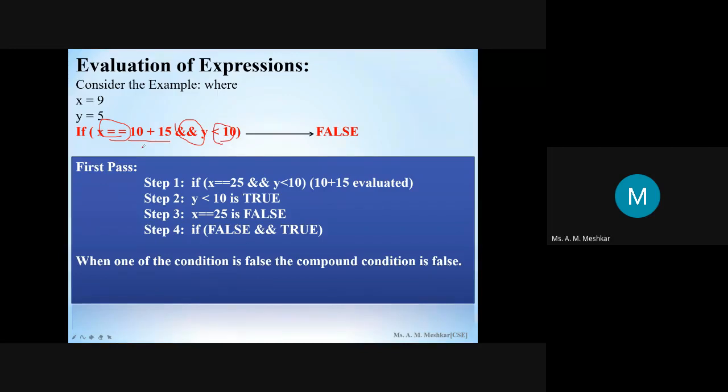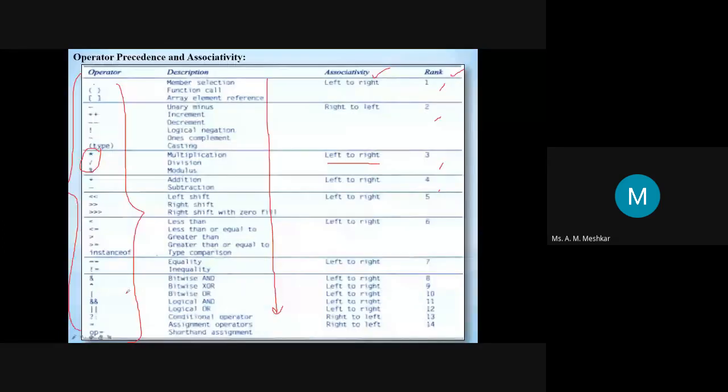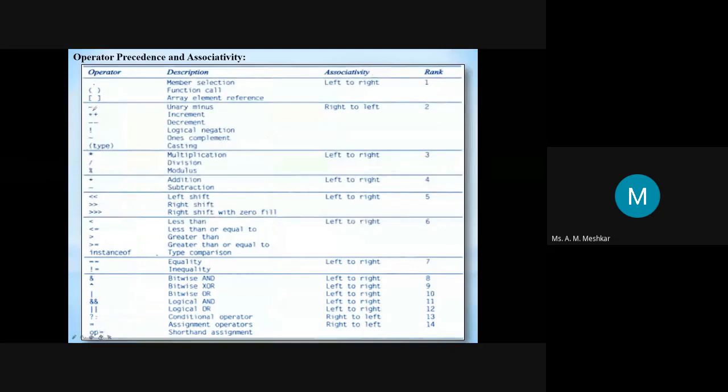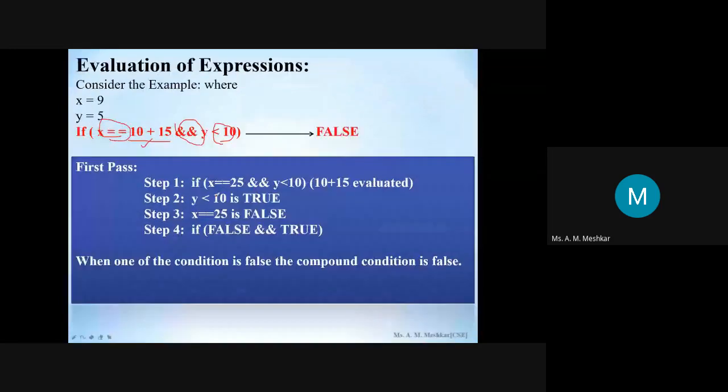Plus has the highest priority, as you can see in the table. See, the plus operator has the highest rank, that is 4. And among ours, logical and has rank 11, so it will come last. Then the other operator we have is less than, whose rank is also 6, so it will come later. So the highest priority is this one, which is 4, so we can evaluate the plus operation first. So from the table, in a similar way you can just check the ranks and evaluate the expressions one by one. That's why here 10 plus 15 is evaluated.